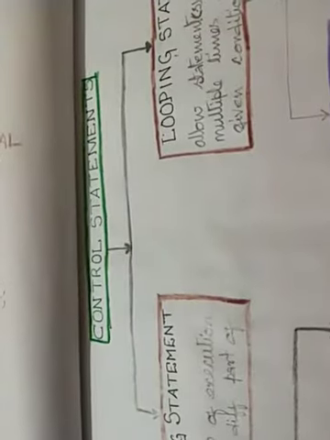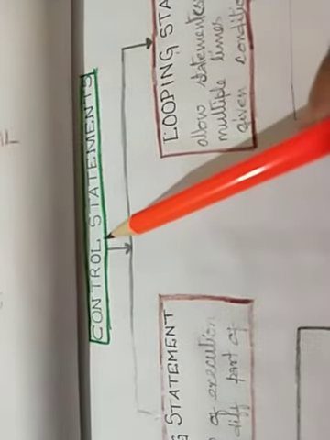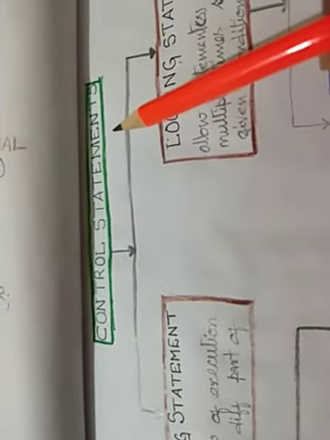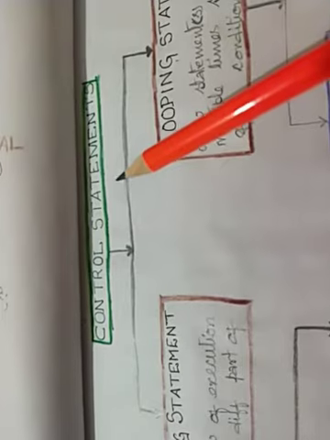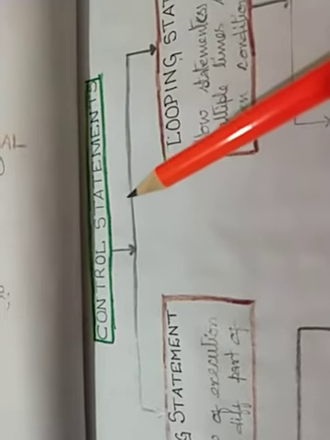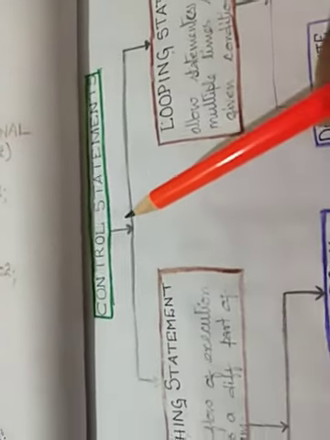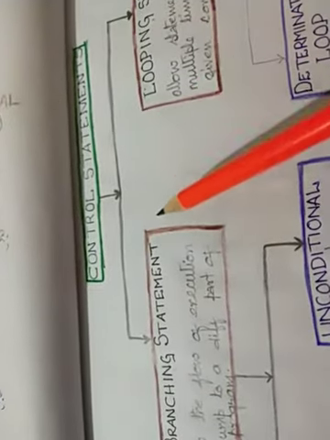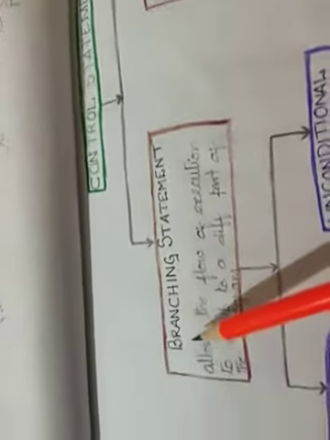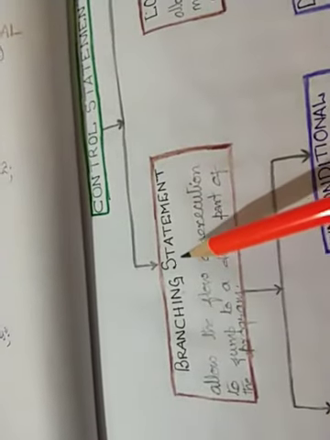So we have different types of control statement. Like I mentioned, a control statement controls the flow of the execution in the program. When we talk about control statements, they can be divided into two. The first one is the branching statement.